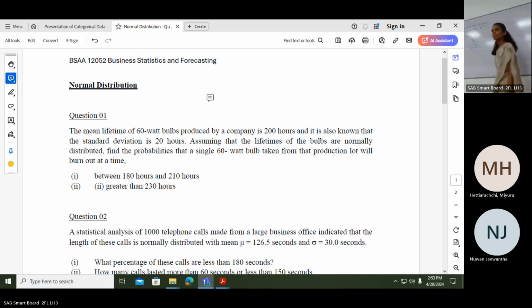Then we need to get the probability greater than 230. How to get that? 0.5 minus 0.4332. That is the answer, 0.0668. Understood?